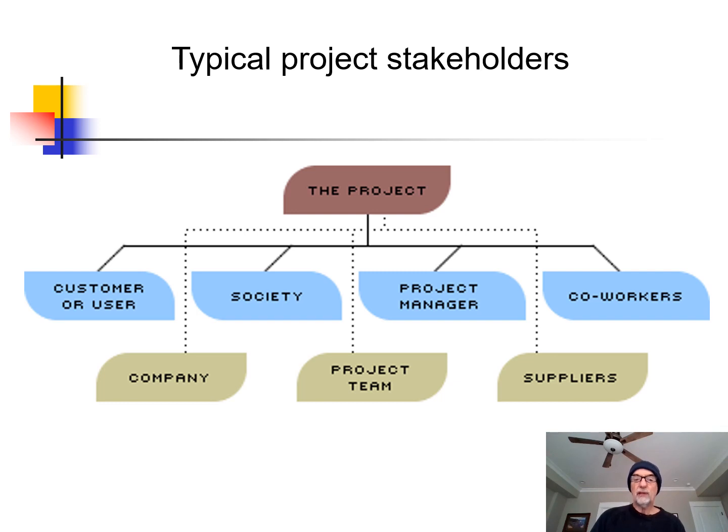A project can have the customer, you could have society, you could have the project manager, you could also have coworkers, the company, the project team, and suppliers. So you can see a stakeholder is anybody who's affected by a project in a positive or a negative way.